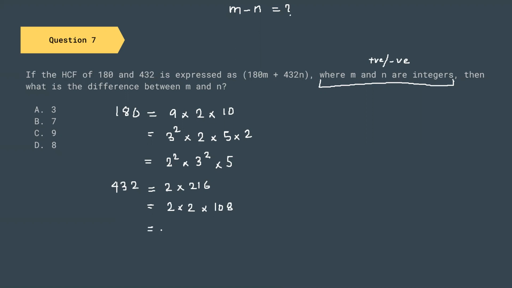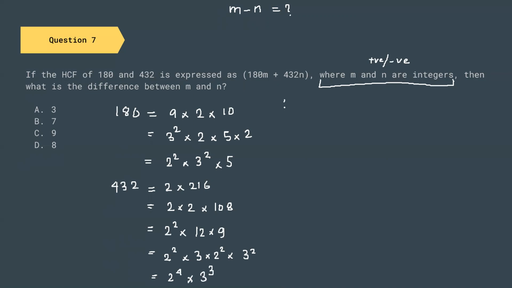And what do we know? 108 means it is 12 into 9, and 12 means 2 square into 3, so 3 into 2 square into 3 square. So in the end that gives us 2 square into 2 square, which means 2 to the power 4, and 3 into 3 square is 3 cube.